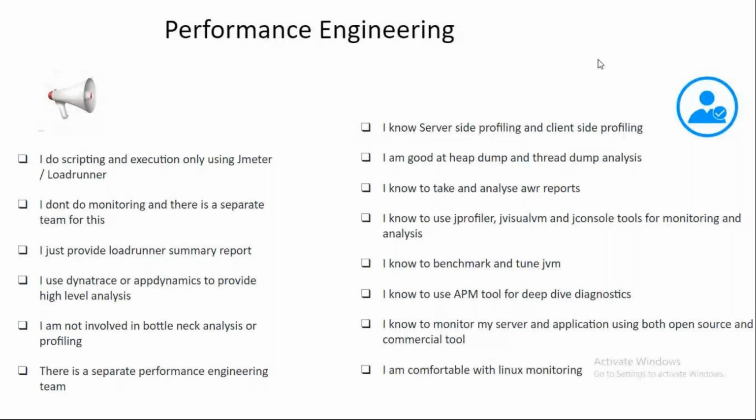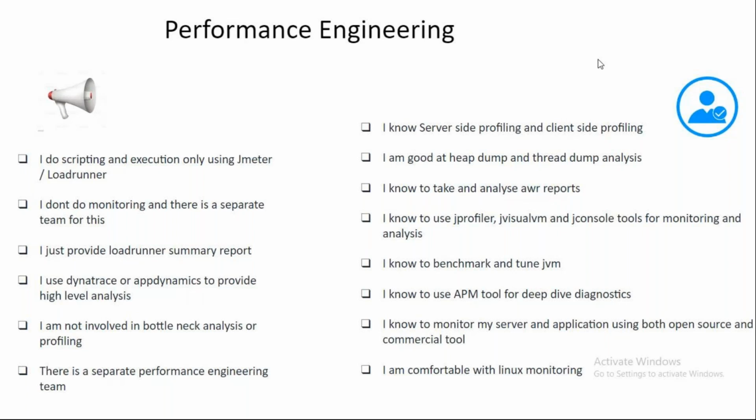And you should know how to perform benchmarking of the JVM, various tuning flags, concepts of garbage collection, and understanding memory patterns, and at least be able to use one of these APM tools, like AppDynamics, for deep dive diagnostics, and monitor your application using an open source or a commercial tool.